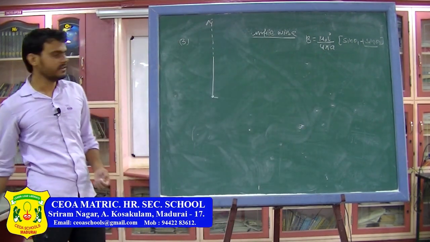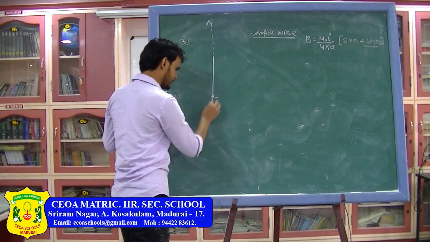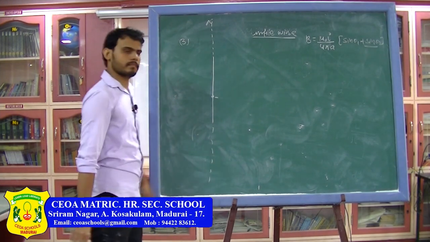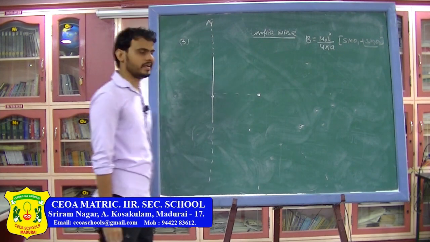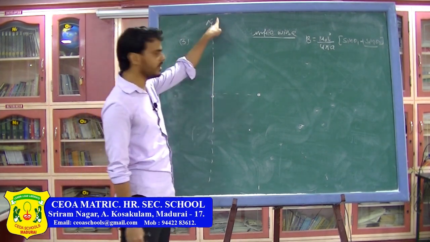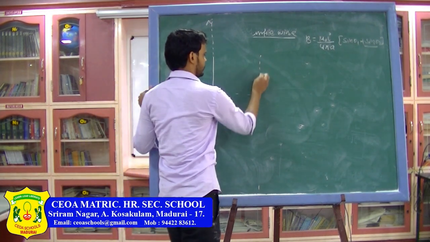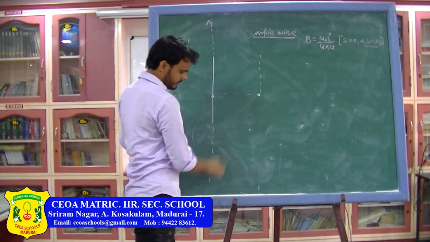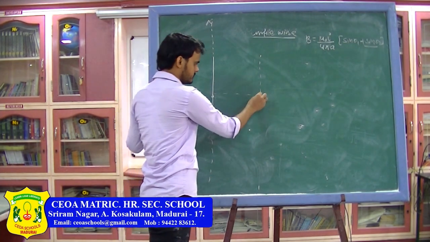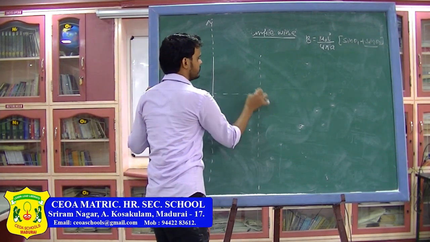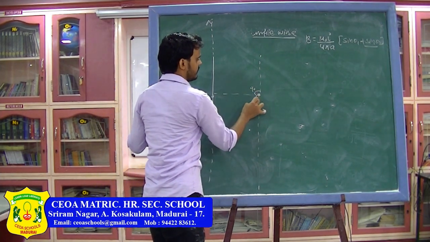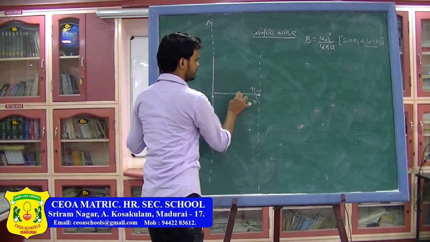Next situation is the infinite wire. Infinite wire means the wire is really long and the point is in front of the wire. Here again, if I join this point and the end of the wire, this line has to be straight. Similarly, if I join the other end of the wire and this point, this will also be 90 degrees. So both theta 1 and theta 2 are 90 degrees, and this distance is a.